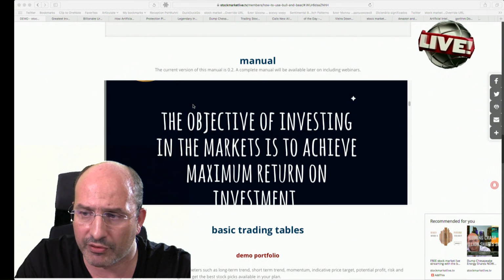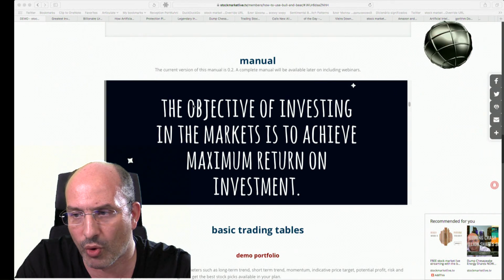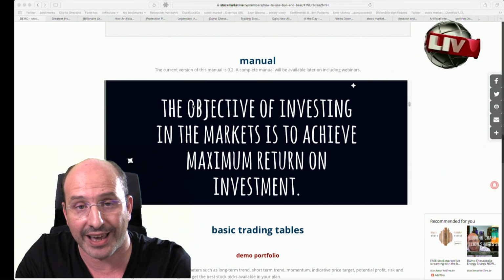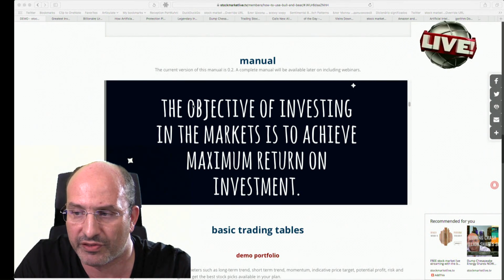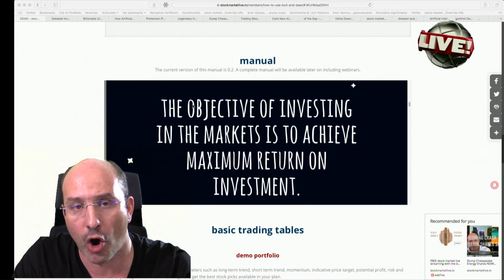And here you have one of the revelations to investors worldwide, precisely telling them the truth as it is, unlike everyone else. The objective of investing in the markets is to achieve maximum return on investment. This is the objective. It has always been the objective.